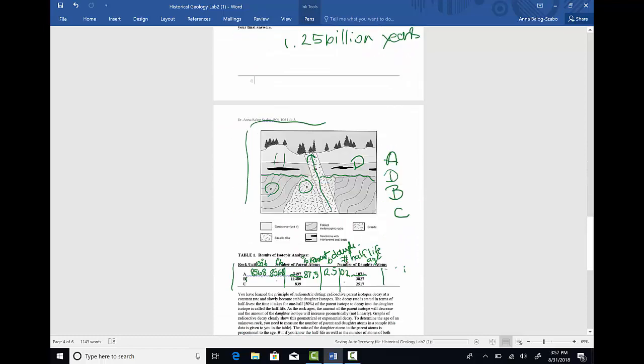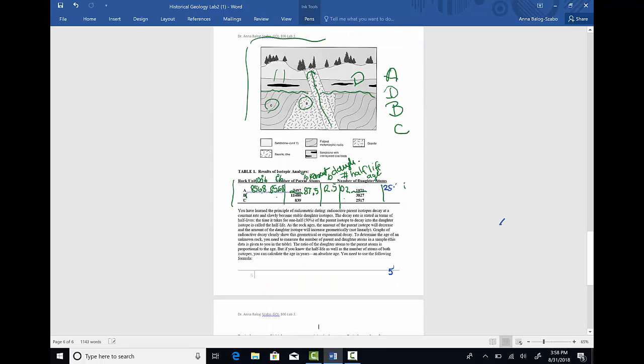So I already put down the 0.2 half-life, and now the 1.25 billion years, 1.25 billion times 0.2, that's 250 million. So the age of this basalt dike is 250 million years.